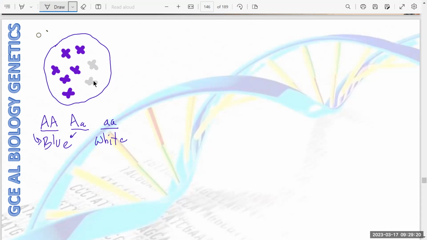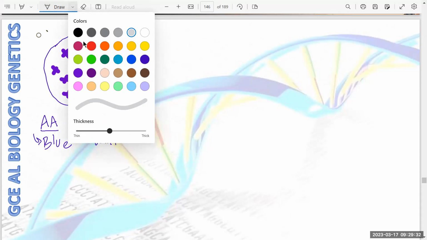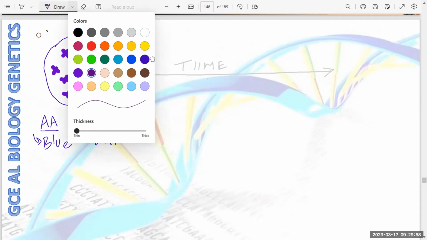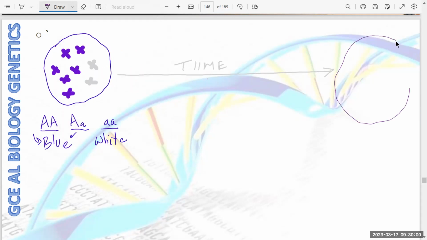Now let's leave this population, and it goes on for many years, time passes. If time passes, we can apply the theory: yes, the population is evolving, they are changing. We can't keep them like this always with time. Then what if we see this population after many years?